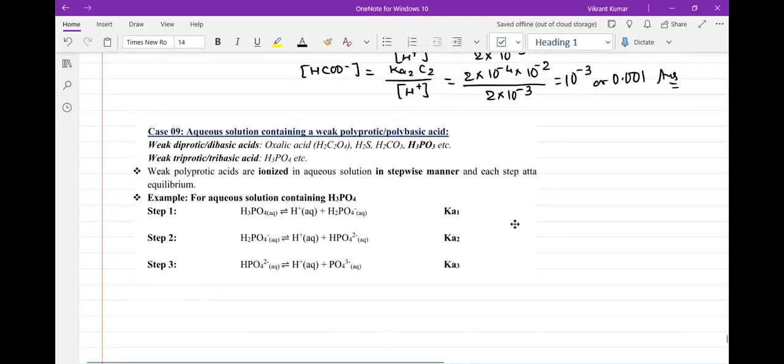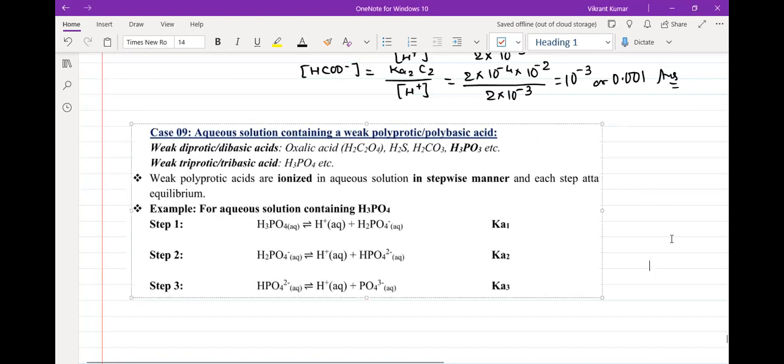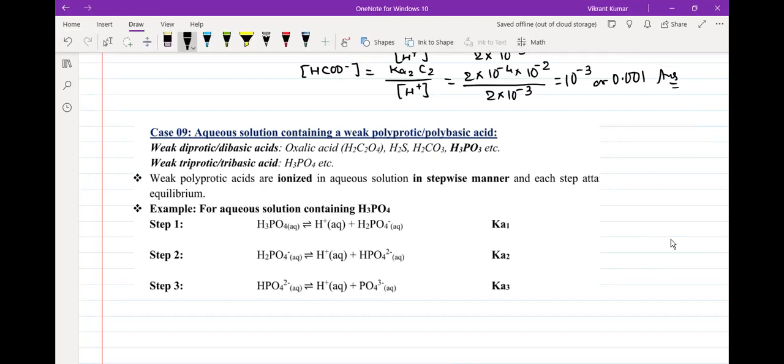In a weak polyprotic acid, it is generally diprotic or triprotic. Theoretically you can have quadriprotic also, but generally we don't get that practically, particularly in ionic equilibrium we don't talk about it at all.